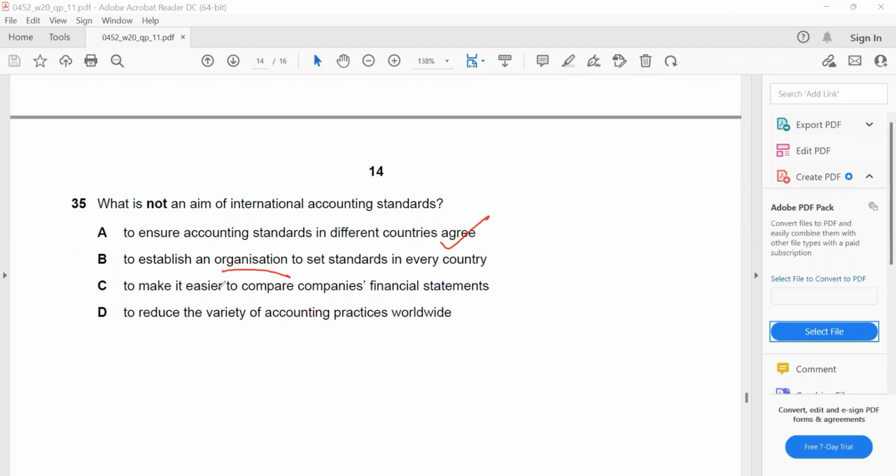To make it easier to compare financial results and to reduce the variety of accounting practice worldwide, that is the purpose of the international accounting standards. So this one is not the main reason for international accounting standards. So that's all for the questions for this paper.